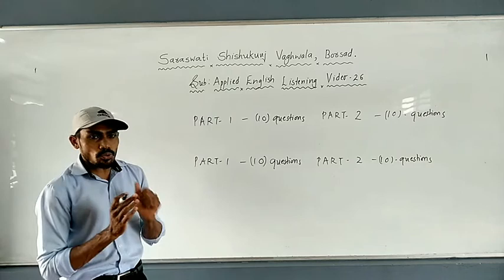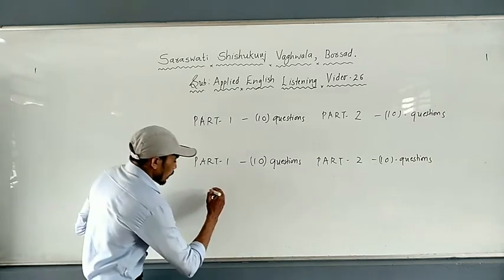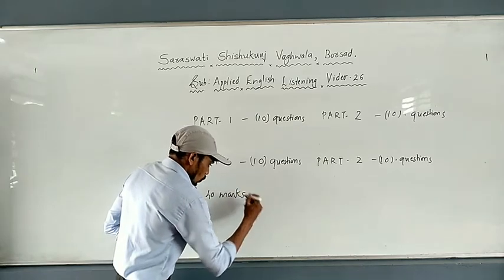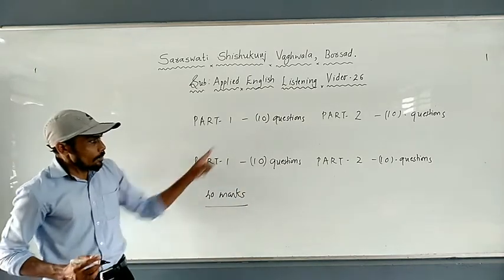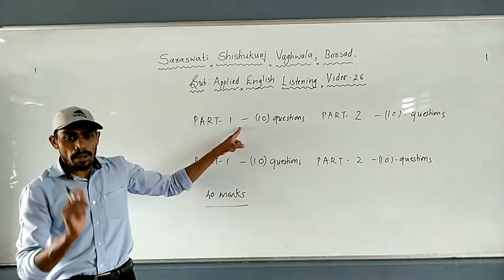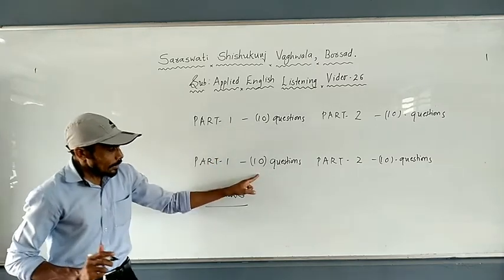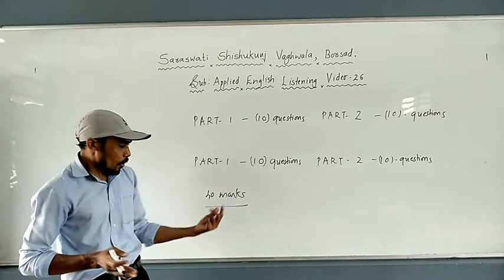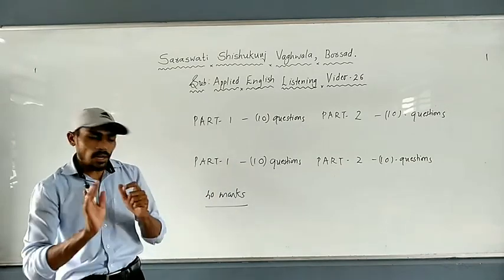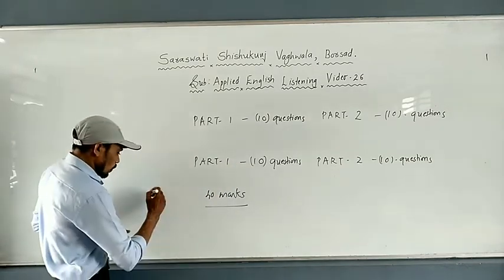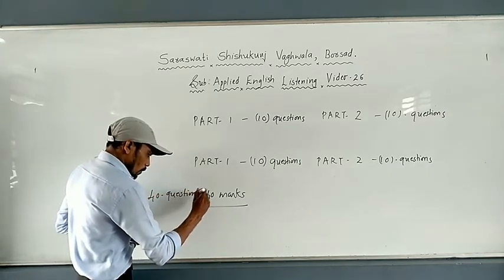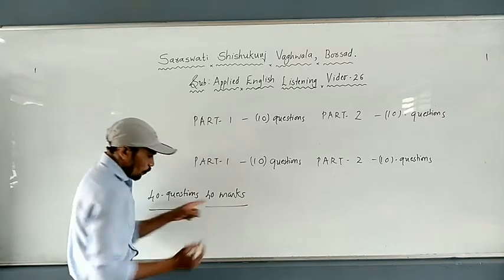So in total, students, you have 40 marks, because one question is 1 mark. So here 10, here 10, here 10 and here 10. So the total number of questions you are going to have is 40 questions and 40 marks.